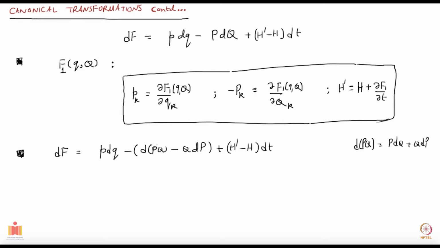Now this total differential term, I can bring to the left and write d of f minus pq. Let me not forget that I have to put these indices and the summation is implied, pk qk, and this will be equal to pk dqk.